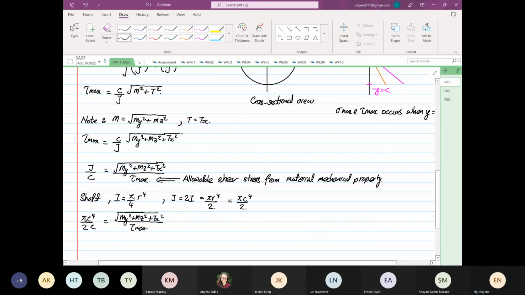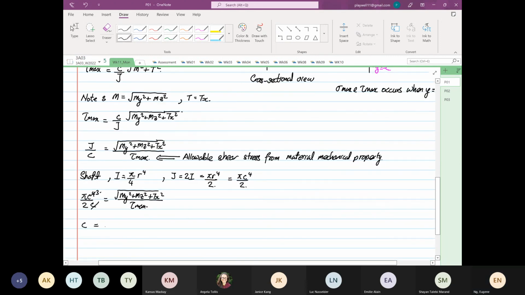So you can get rid of this; this is a power 3. Therefore, C is equal to 2 over pi, then you still have the same, the rest is still tau max: square root of My squared plus Mz squared plus torque in the x direction squared, all to the power of 1/3.